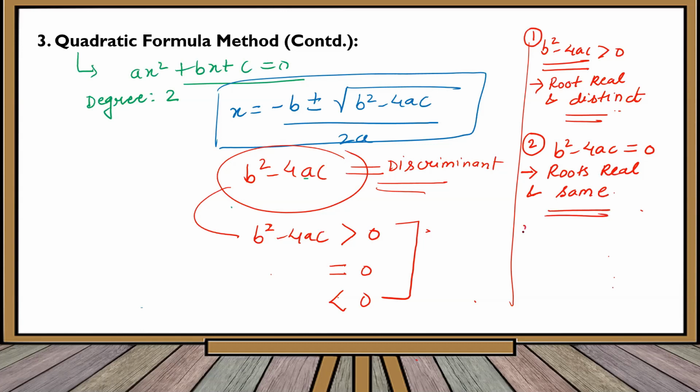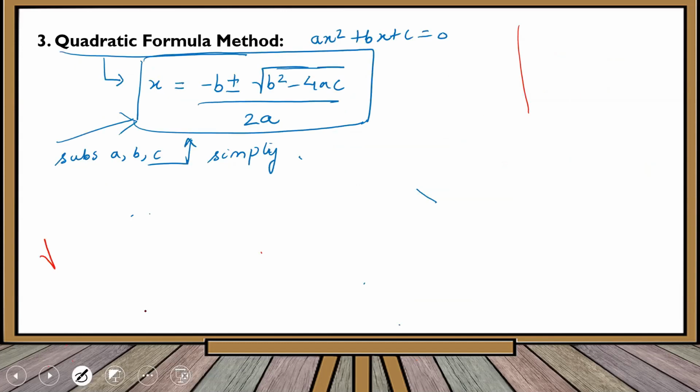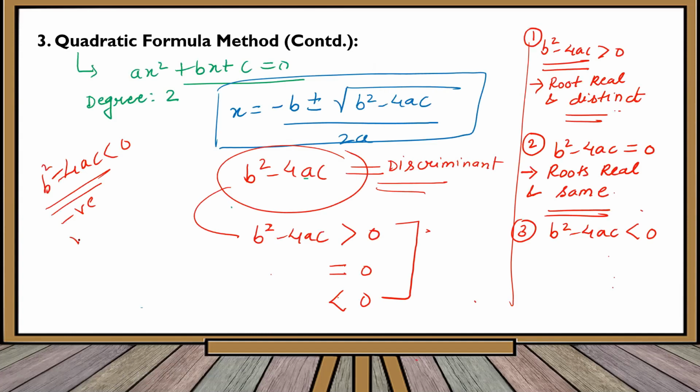Now the third condition goes if b square minus 4ac is less than 0. That means it would be a negative number, and we know this b square minus 4ac comes under a root. So is there a root of a negative number? Root of a negative number is always an imaginary number.